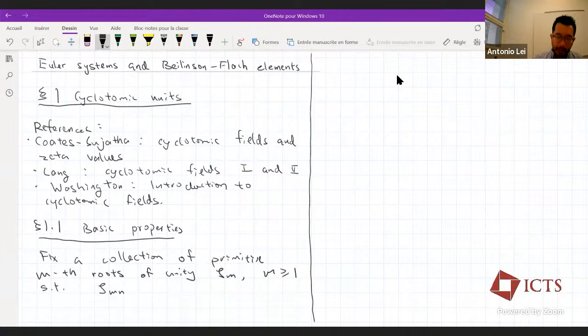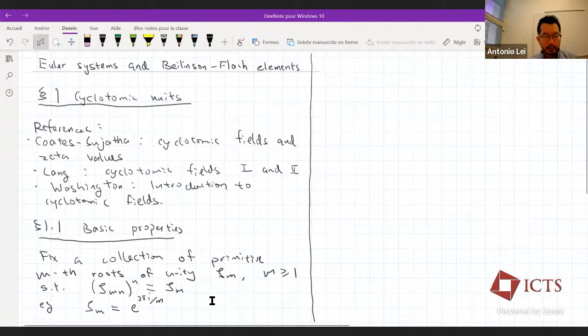So when I raise the mn-th root of unity to the nth power, I get the mth root of unity. One easy example you can write down is simply taking e^(2 pi i/m). This is a primitive mth root of unity, and it is compatible in the sense that I just stated. We would be interested in the cyclotomic extension, namely Q adjoin zeta_m.